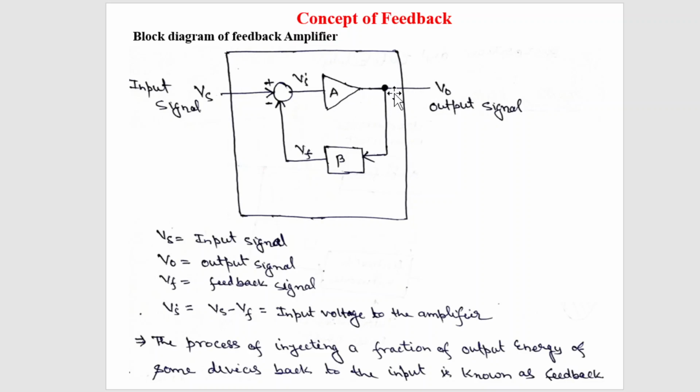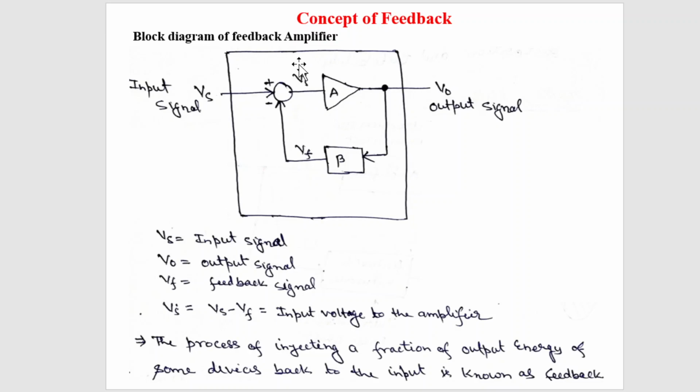If you take a portion of the output signal through some network and feed it back to the input signal, the input signal will be modified from Vs to Vi, depending on the polarity of the fed back signal and the input signal.